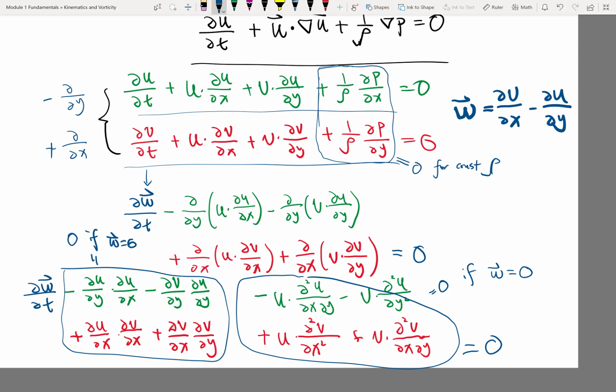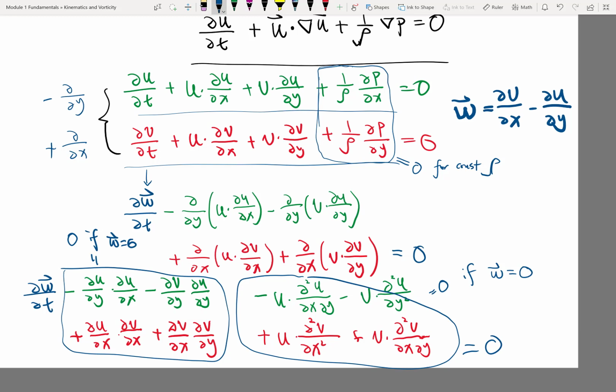Okay? And actually, you can derive a little bit more than that, because even if you have vorticity, you can follow exactly the same derivation to see that this term is going to be the cross product of velocity with vorticity, and this term is an advection term: u dot with the gradient of vorticity instead of velocity.